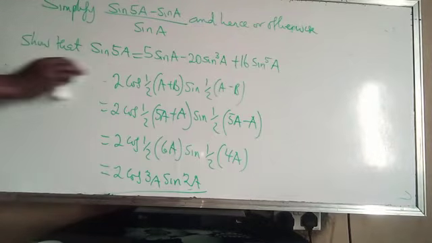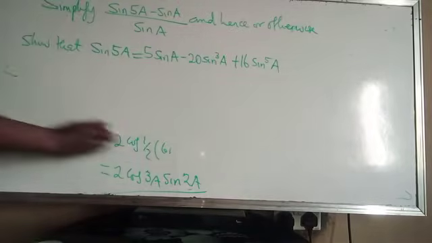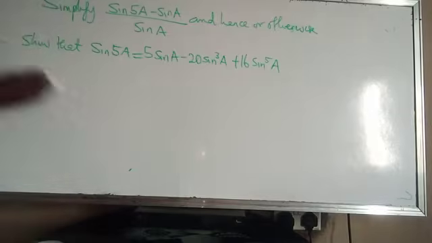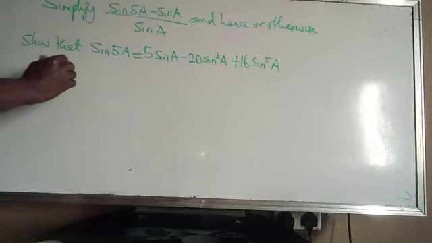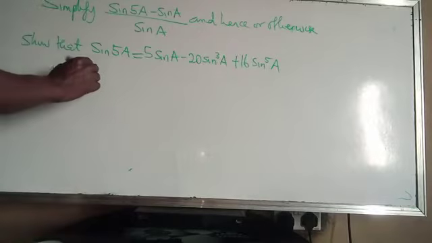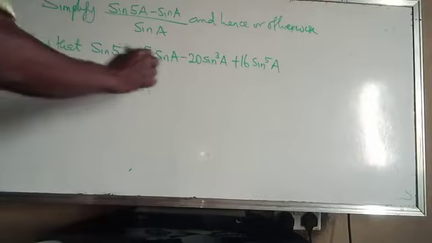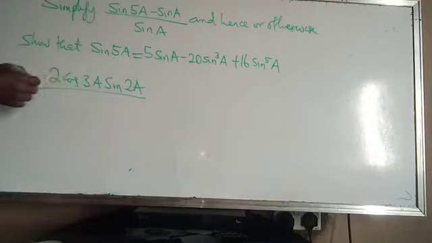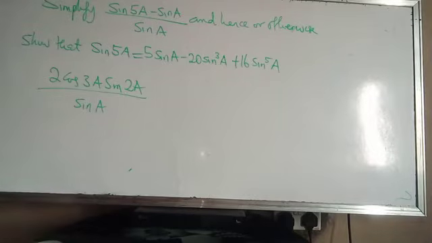Now let's continue with what we have gotten. We got 2 cos 3a sine 2a, everything all over sine a.